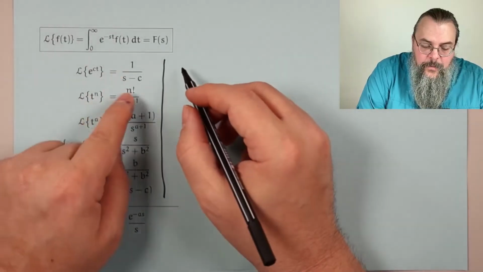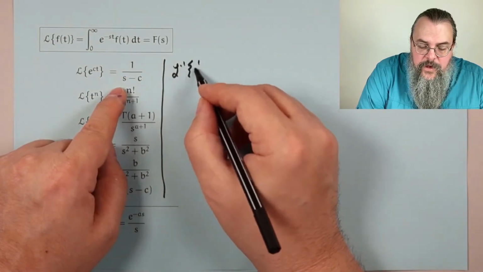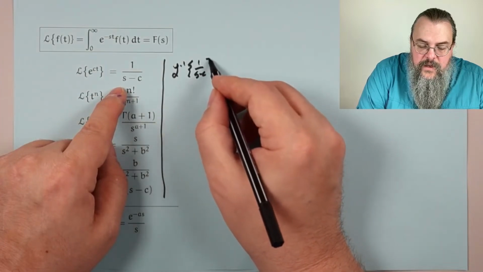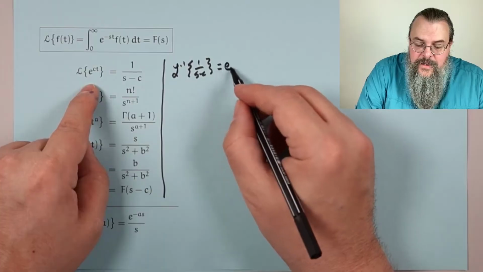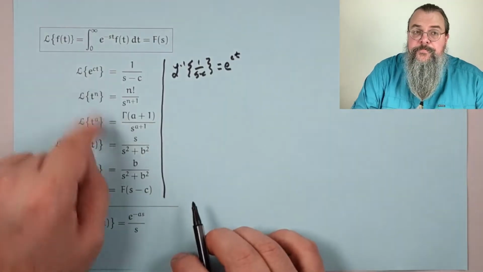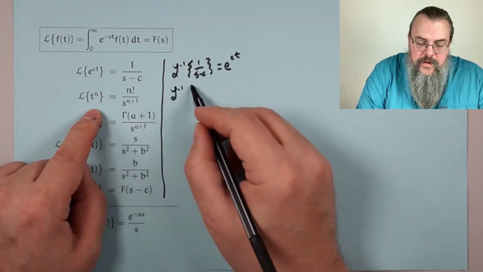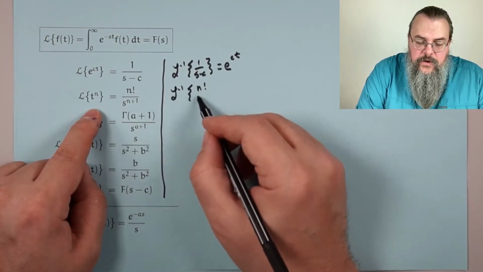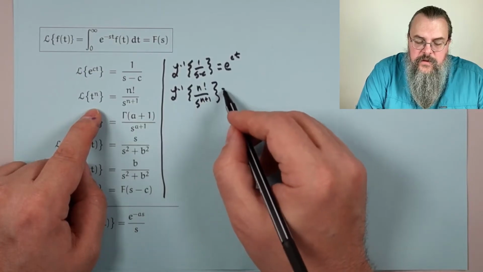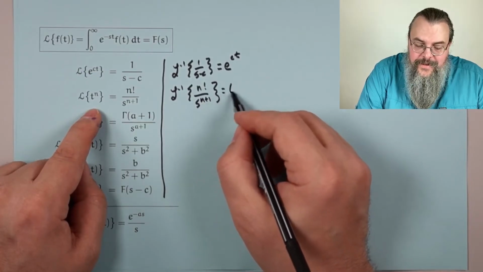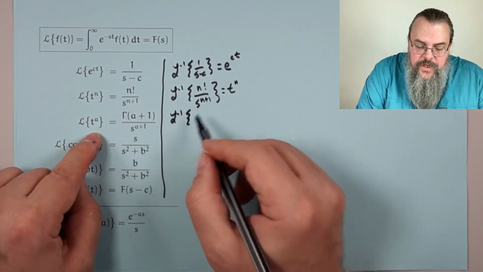So, when we do this, we would say the inverse Laplace of 1 over s minus c. Well, what is that? It's e to the ct. Okay, the inverse Laplace of n factorial over s to the n plus 1 is t to the n. Isn't this easy? It's almost like you're basically just copying.